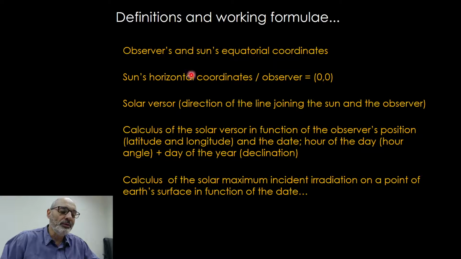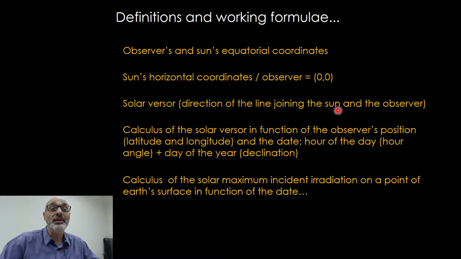After defining and knowing how to calculate one from the other, we're going to define the solar versor. Versor, for those of you who are not familiar, means a unitary vector, so we have to calculate the solar vector, which is the direction or the line joining the sun to the observer.